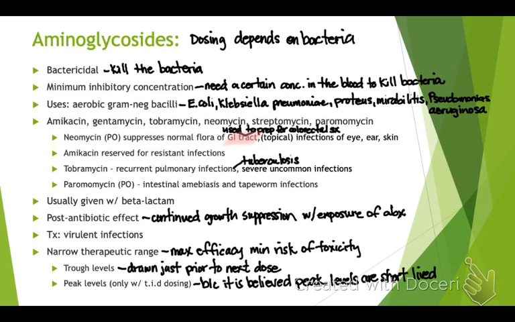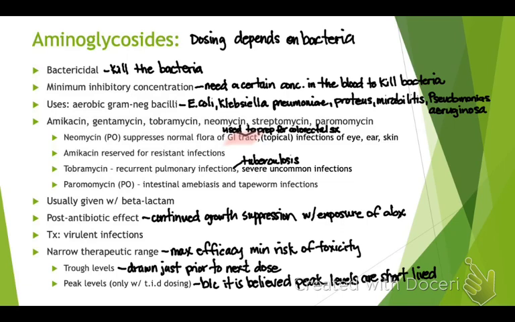Amikacin, gentamicin, tobramycin, neomycin, streptomycin, and paromomycin are all antibiotics in this class. Neomycin is a PO version.